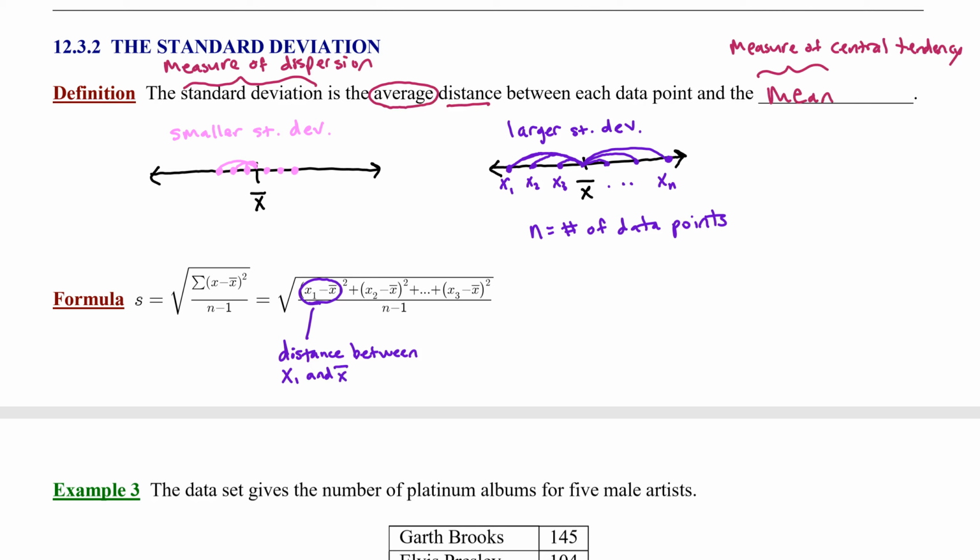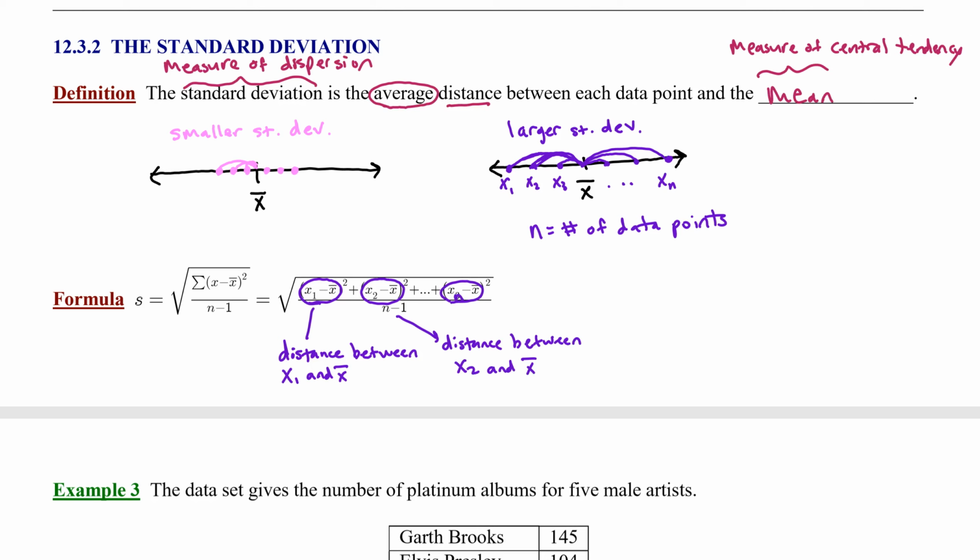Okay, notice, ignore the square for a minute. Notice here I have x2 minus x bar. That's calculating the distance between x2 and the mean. So that represents the distance between x sub 2 and the mean. So I'm going to continue finding these differences. Oops, typo, that should say x sub n. We end with the last one.